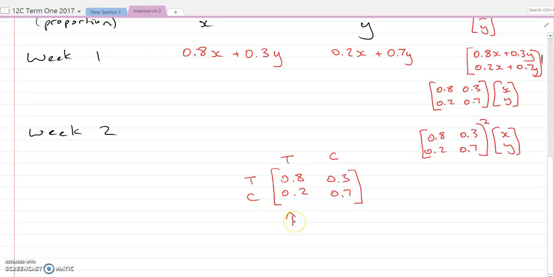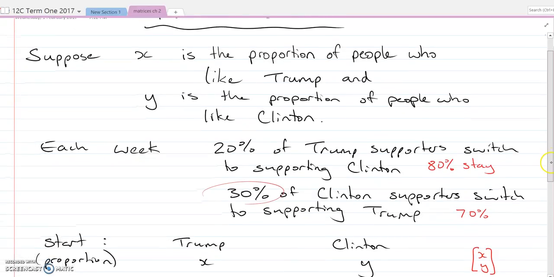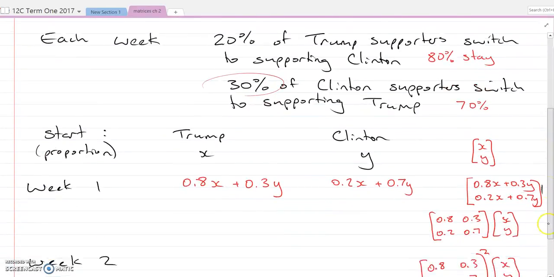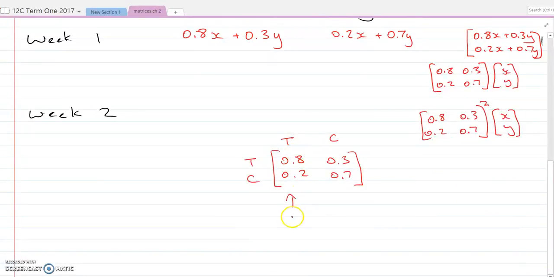If we look at what these meant, these were the 80% of Trump supporters staying with Trump, and the remaining 20% that switched to Clinton. So these have to add up to 1. And same here, these have to add up to 1. The columns. If you look across the rows, that doesn't matter with the rows.